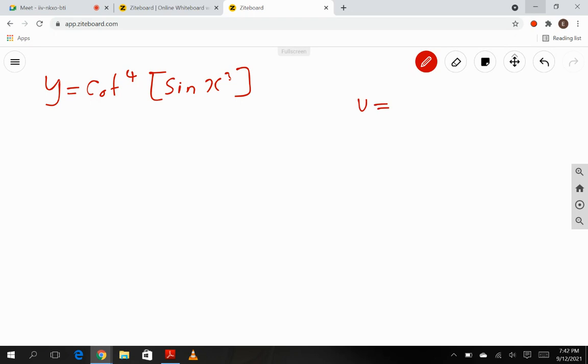The beauty with using the u is that you won't have challenges with working with very complex things. Okay, so that's what's important.